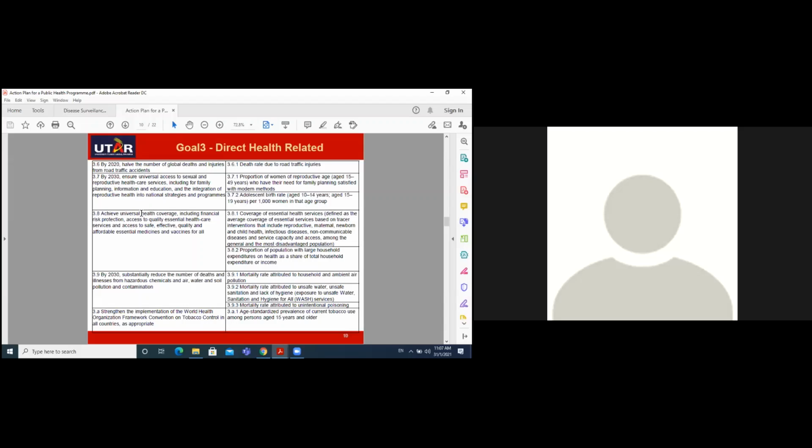So we could say universal health coverage. In Malaysia currently, we have achieved almost 99% universal health coverage.